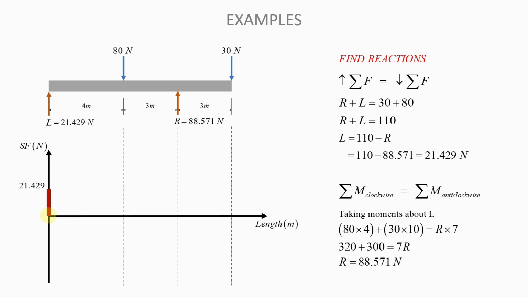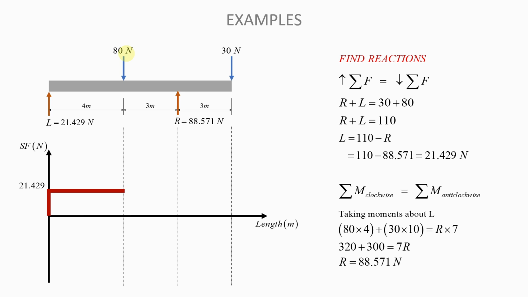This represents that force that you see here. And once you reach this point, because you have no forces between this point and the 80 Newton force, the shear force will remain at 21.429.